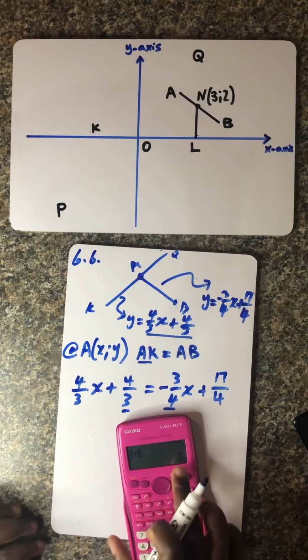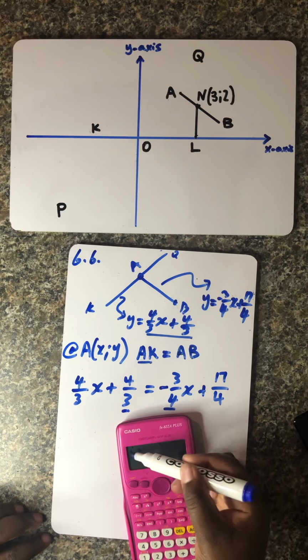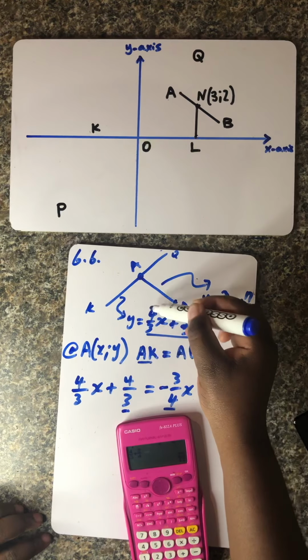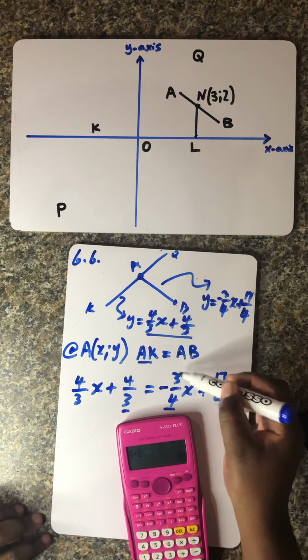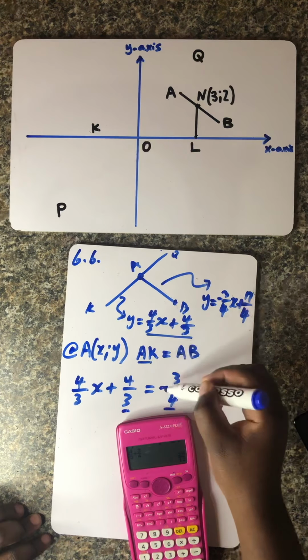So you've got 25 over 12x. Okay, hope I punched everything correctly. So it's 4 over 3 from that, and then negative 3 over 4. You change it to the other side, it changes the sign.